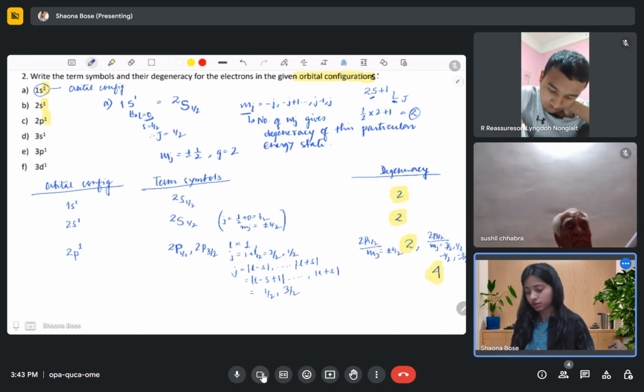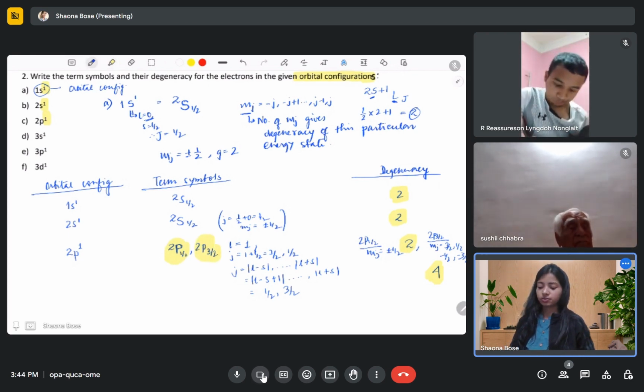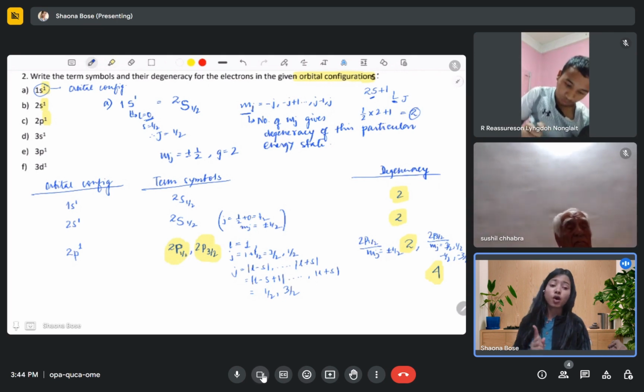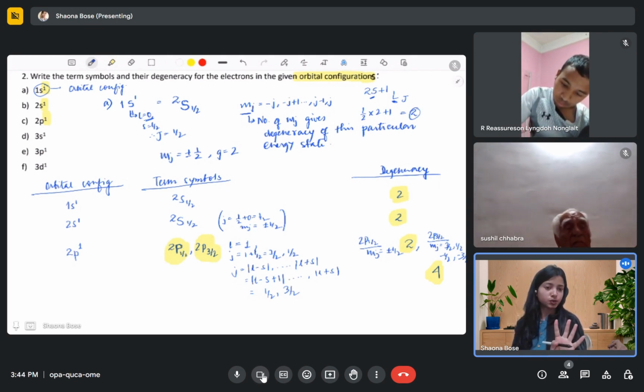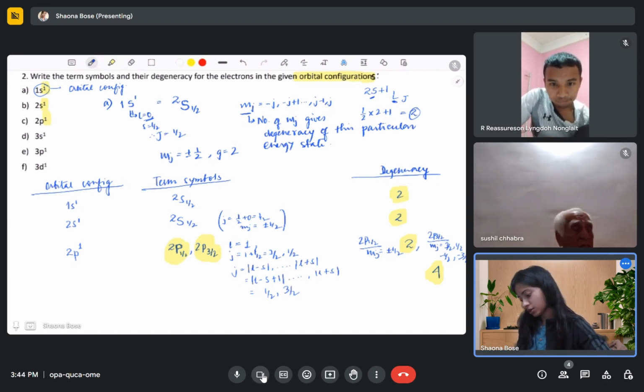Okay, corresponding to the two energy states, because as I told you, each term symbol defines one particular energy state. So this particular energy state 2p3/2 has 4 degeneracies. So this LS coupling is splitting them up, it is lifting the degeneracy.